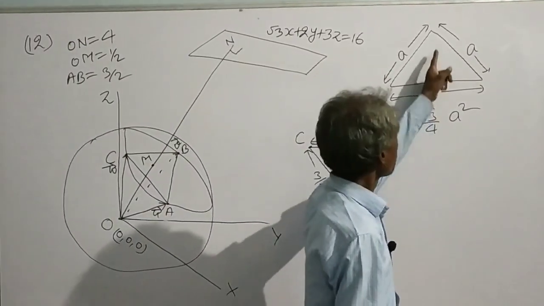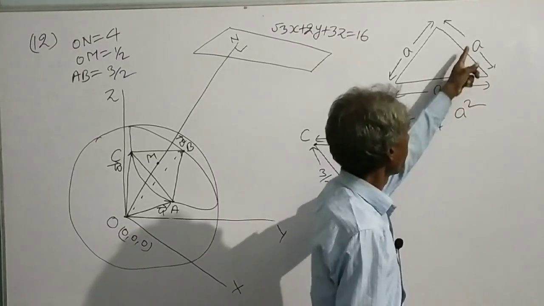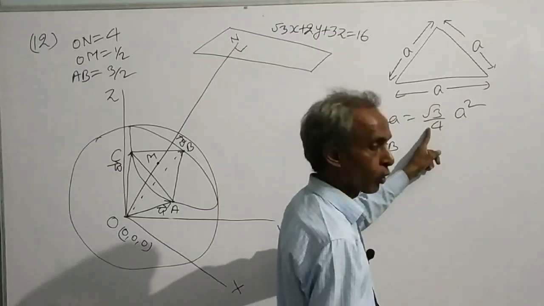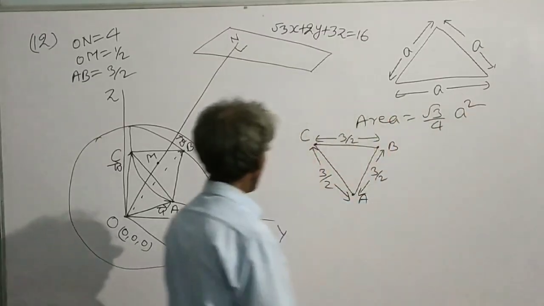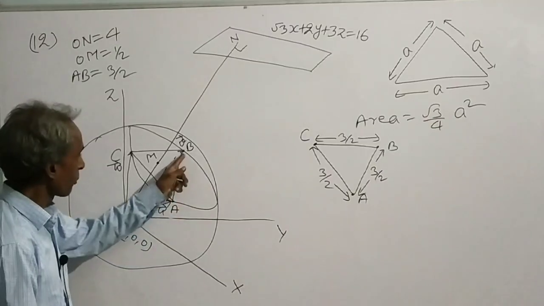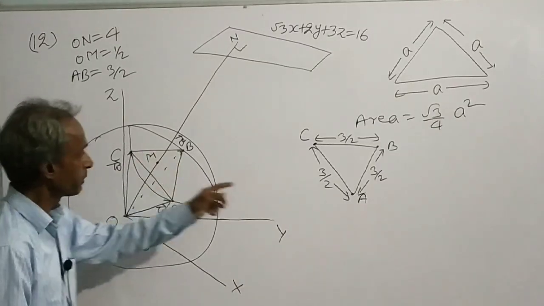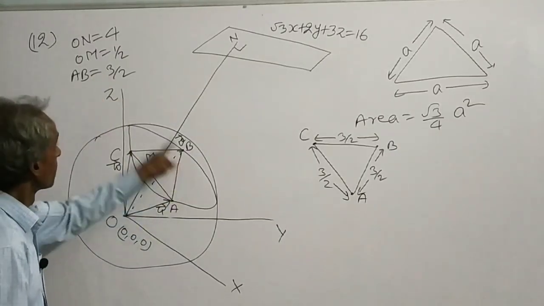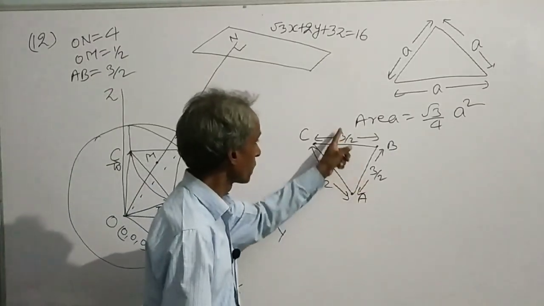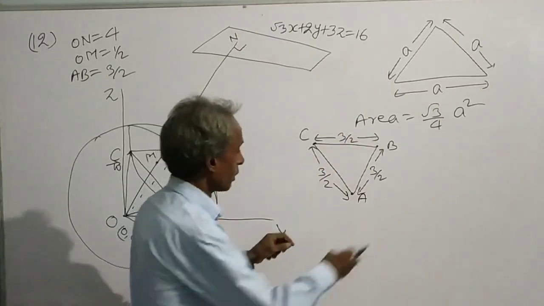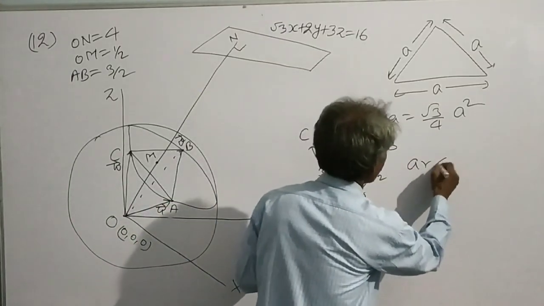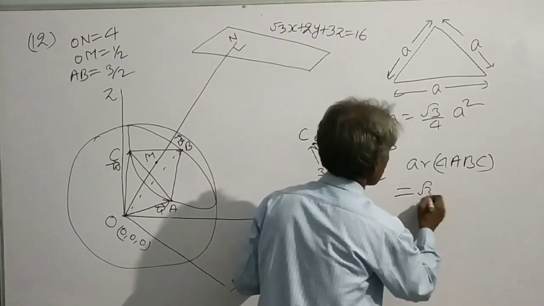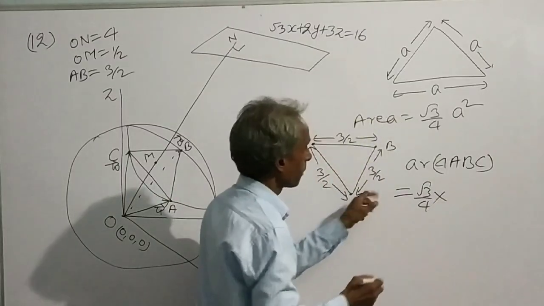Area of an equilateral triangle with side length a is equal to root 3 by 4 times a square. Therefore, area of this equilateral triangle ABC, whose side length is 3 by 2, will be equal to root 3 by 4 times 3 by 2 square.